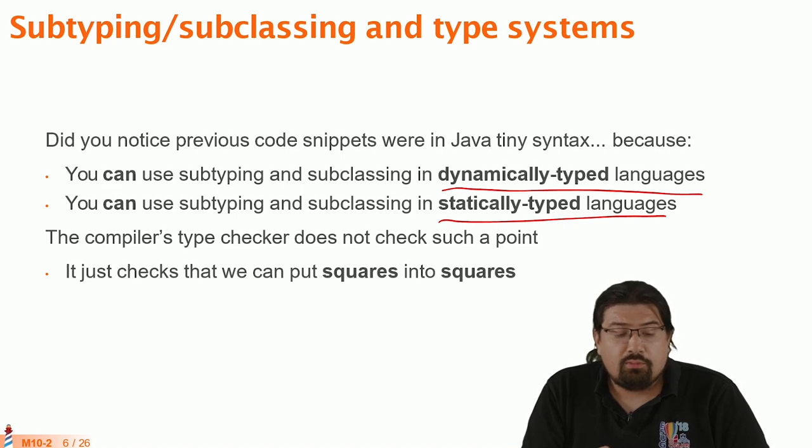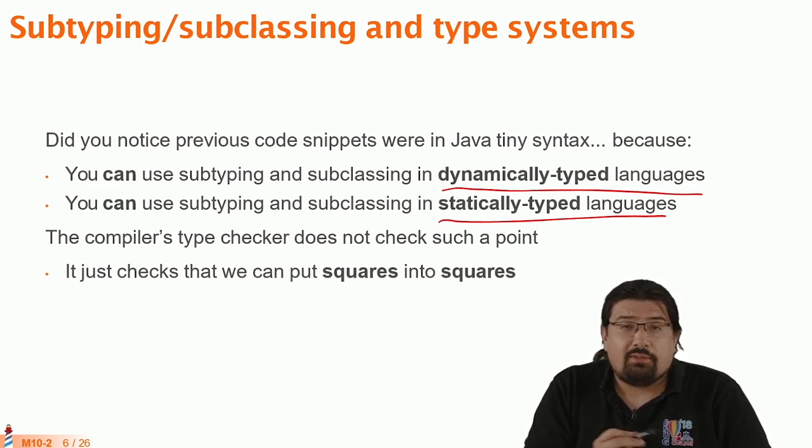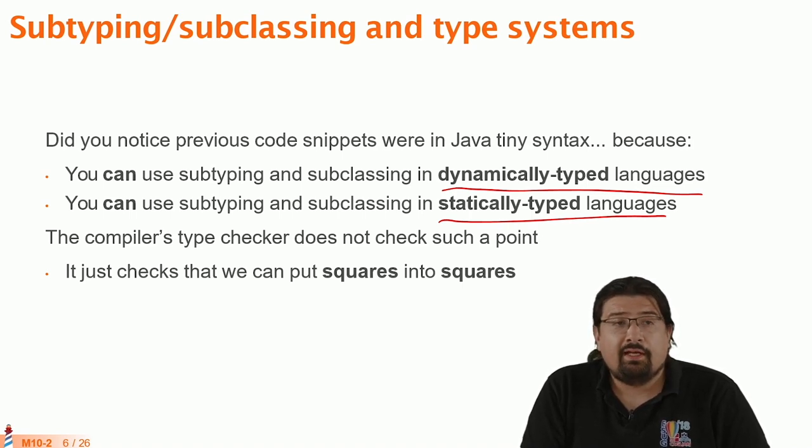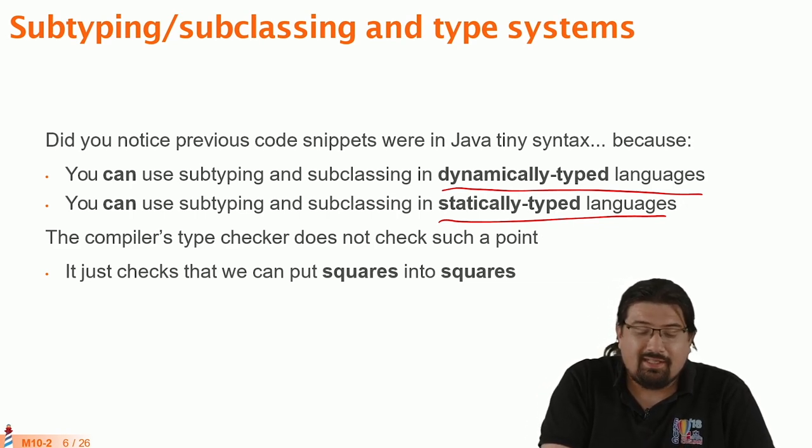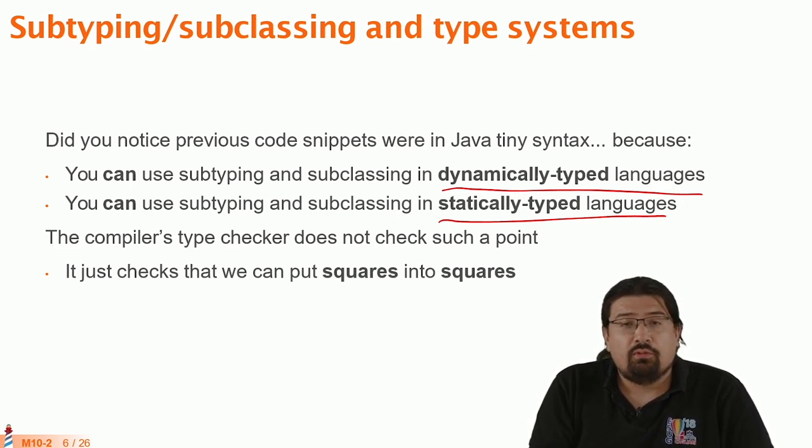And subtyping and subclassing have nothing to do with the type checker. The type checker, as we have seen in other lectures, is there for checking that we have the variables pointing to possibly good types of objects. So basically, as we said, it's just checking that we put squares into squares and circles into circles.